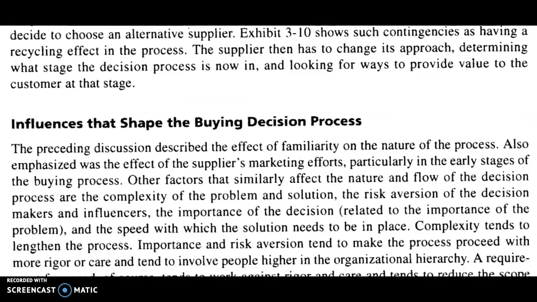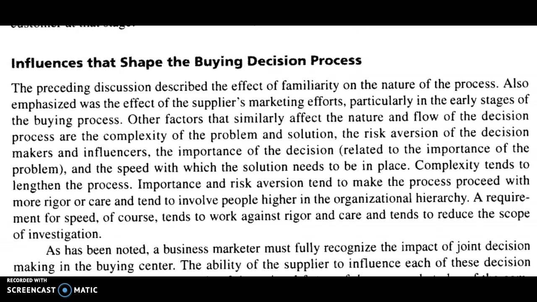Influences that shape the buying decision process. The preceding discussion described the effect of familiarity on the nature of the process. Also emphasized was the effect of the supplier's marketing efforts, particularly in the early stages of the buying process.